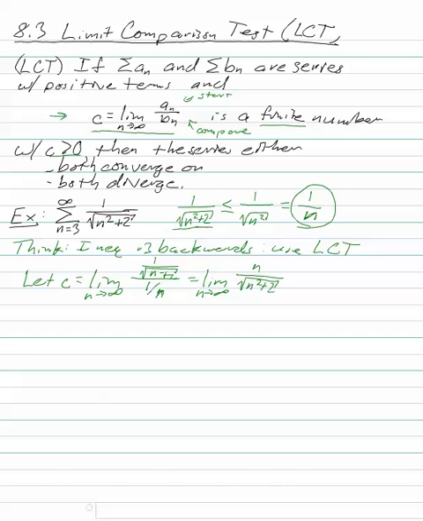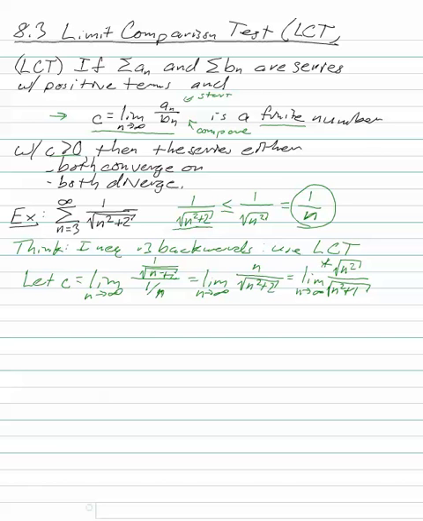I can't really cancel anything super nicely. The square root causes trouble. There are dozens of ways to fix this, and you've probably done it before. You might think L'Hopital, you might think all sorts of things. I'm going to use an algebra trick. So this is the limit as n goes to infinity of the square root of n squared over the square root of n squared plus 2.